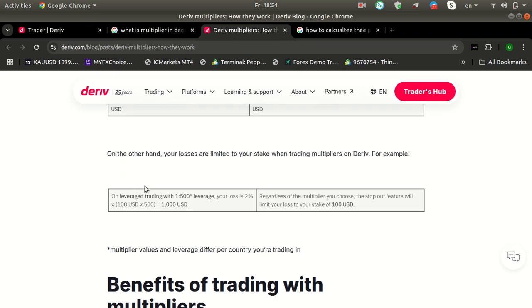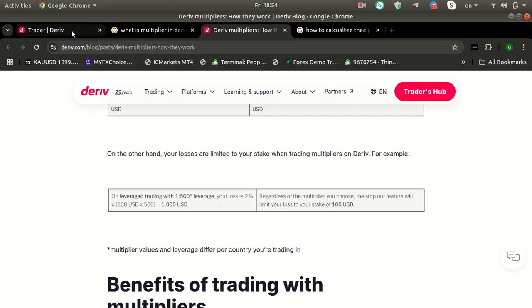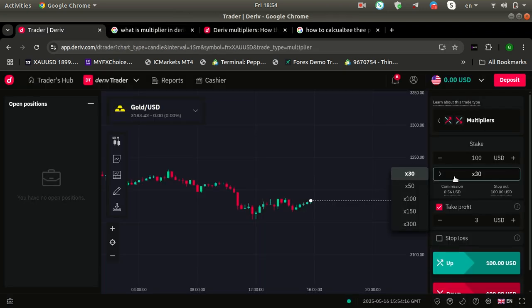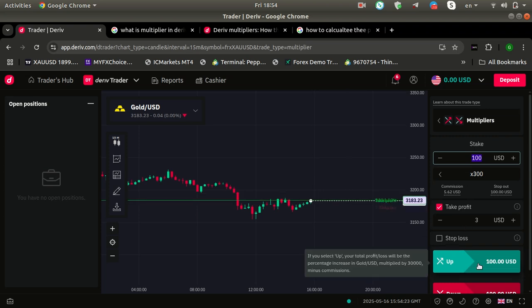Now what it is saying here is that when you're using Deriv to trade, and let's say we go to Deriv and we select a multiplier of 300, and we stake 100 USD. Then I enter a trade saying that I think the price is going to go up.